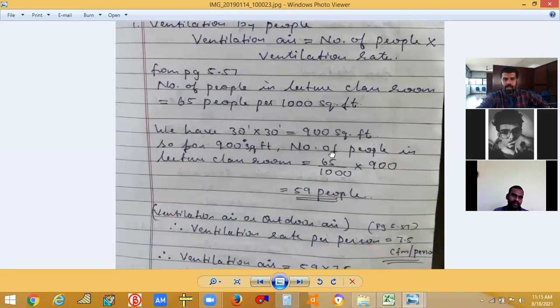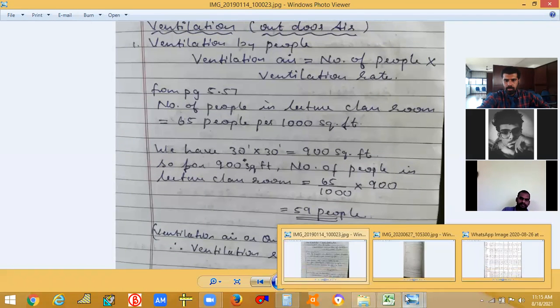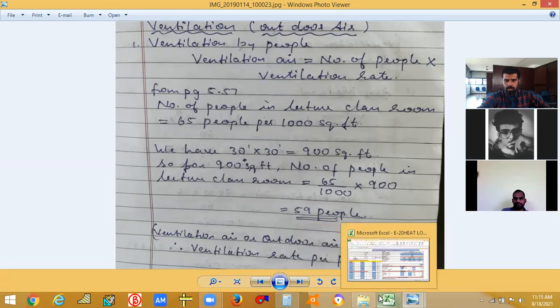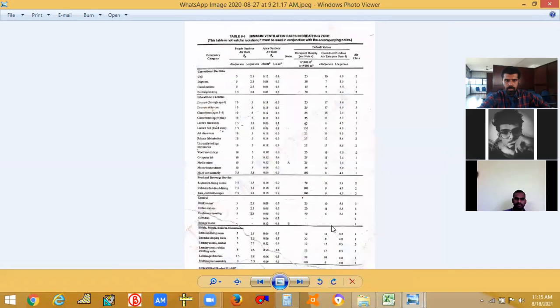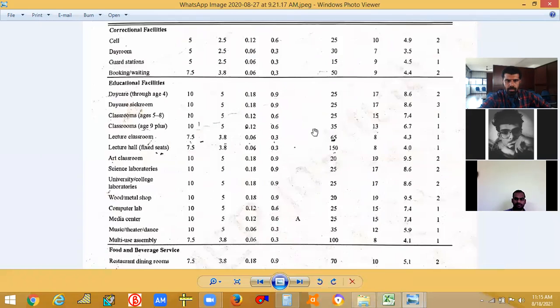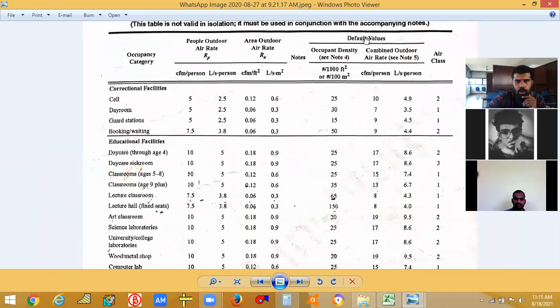I will show you that graph, that will be better. You could see lecture classroom, the number of people was 65, and people outdoor air rate, how much CFM per person? Just see, 7.5.